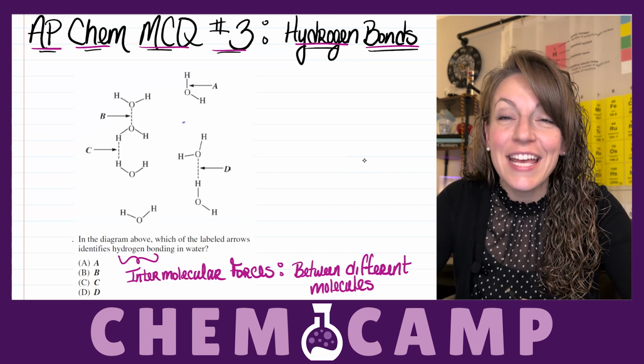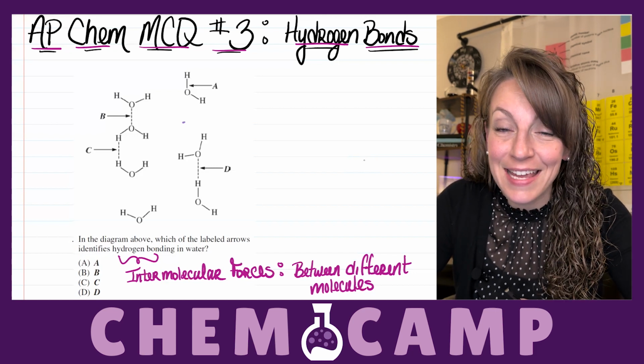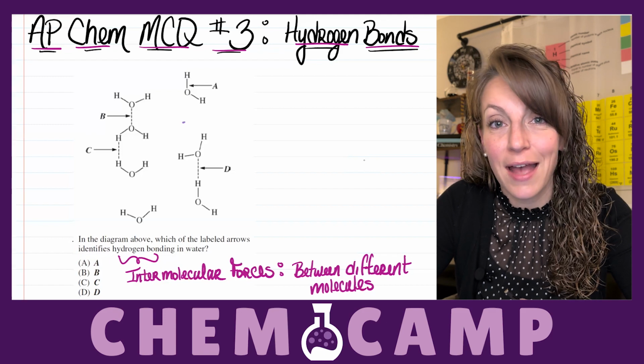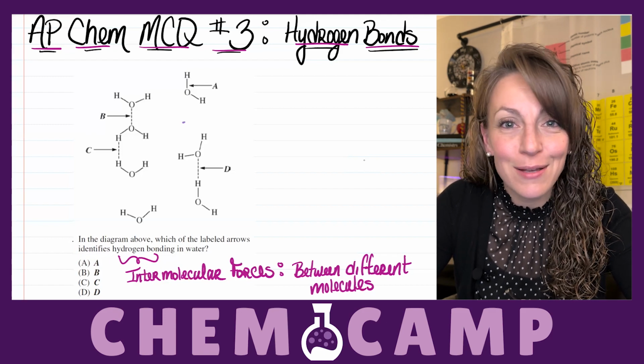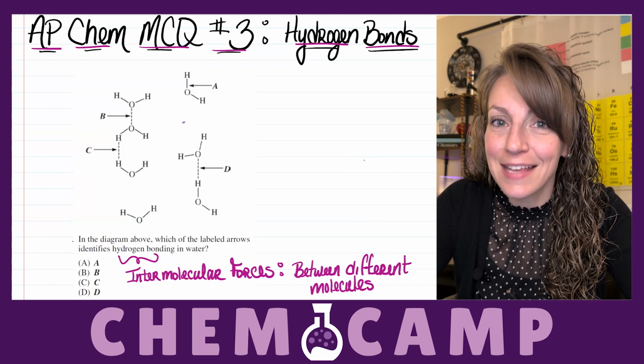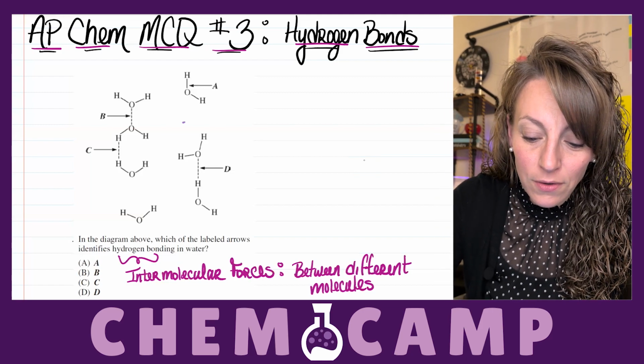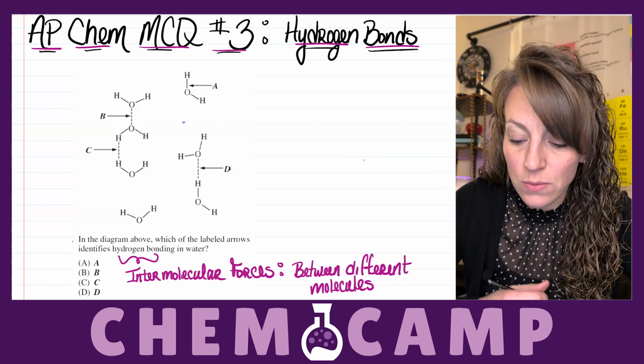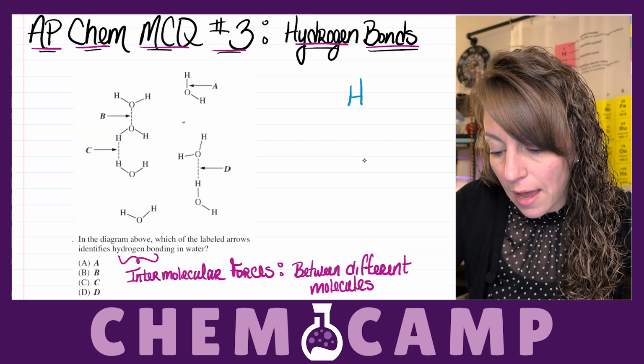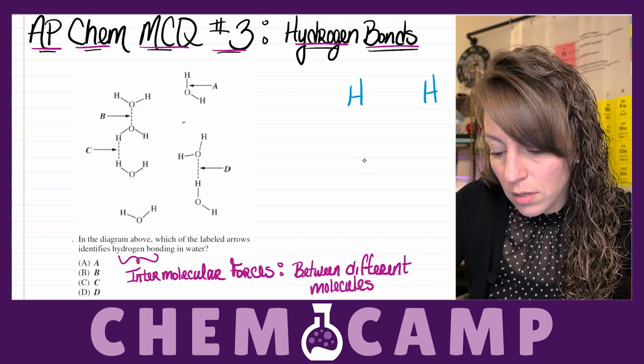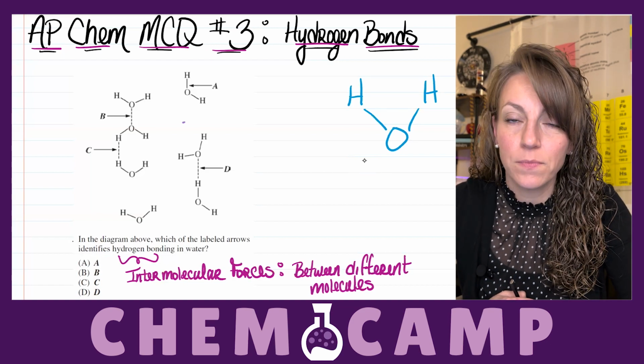Now, water is a perfect example of a species that undergoes hydrogen bonding. Let's talk about water for a minute and understand exactly why. First and foremost, water, or H2O, has two hydrogen atoms covalently bonded to an oxygen atom.